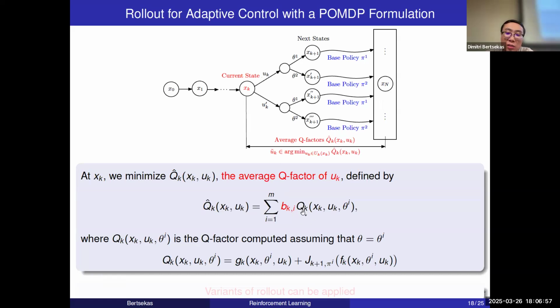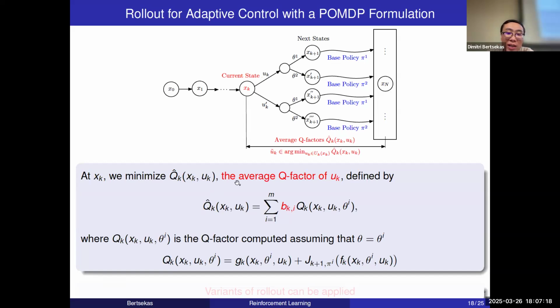Then we just sum over the empirical values of those two trajectories, the sampled values of those two trajectories, weighted by the belief numbers 0.7 and 0.3, right?